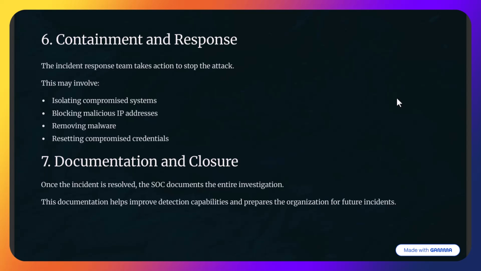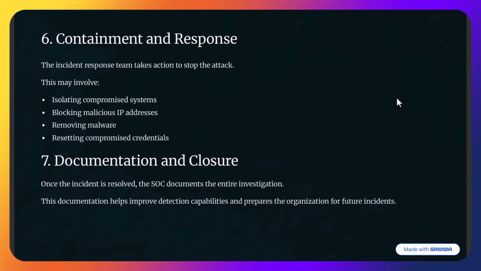Documentation is extremely important because it helps organizations improve detection capabilities. Future attacks can be detected faster. Strengthens security defenses. Now, lessons learned from the incident can be used to improve security controls.